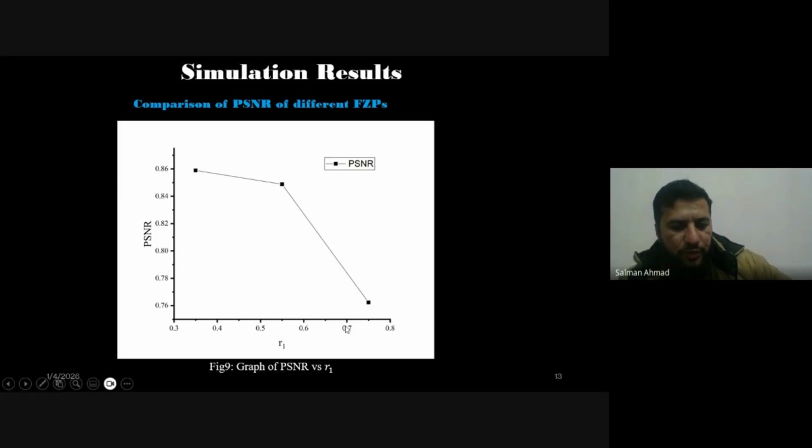Its limit is up to 0.7, or we can say 0.8. After increasing the radius more, its value decreases, and then it disturbs the signal to noise ratio, or the high resolution value.